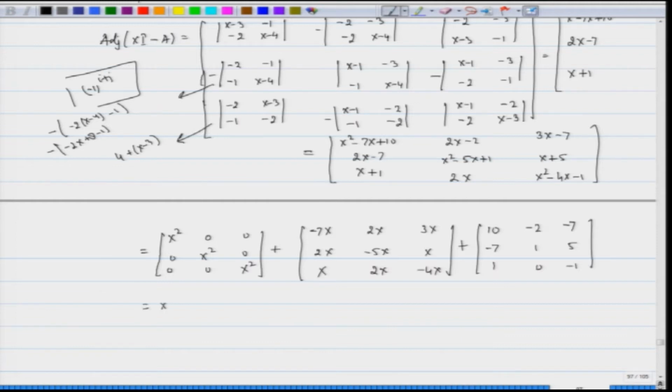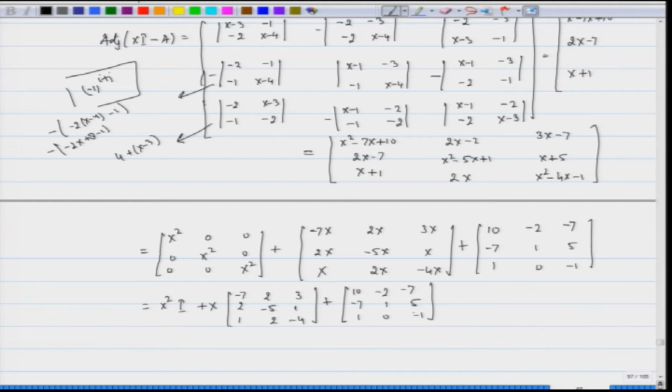So, this is the same as x square times identity plus x times a matrix which is minus 7, 2, 1, 2, minus 5, 2, 3, 1, minus 4, plus the constant matrix 10, minus 2, minus 7, minus 7, 1, 5, 1, 0, minus 1.